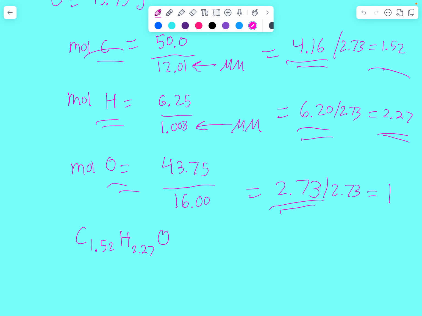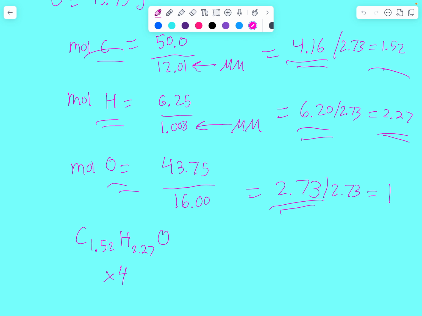So if I multiply by 2, I know 1.5 times 2 is 3. That could work, but 2.27 times 2 would be like 4.54. That's still a decimal, so I know that's not going to work. Let's try 3. 1.5 times 3 is 4.5. That's not going to help. That's still a decimal. What if I multiply by 4?